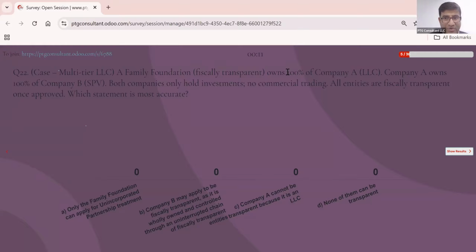Second, the important fact, 100%. Again, the 100%. And next, both companies only hold investments. The next, no commercial activity is confirming all the data. All the entities are fiscally transparent once approved. Which statement is accurate?